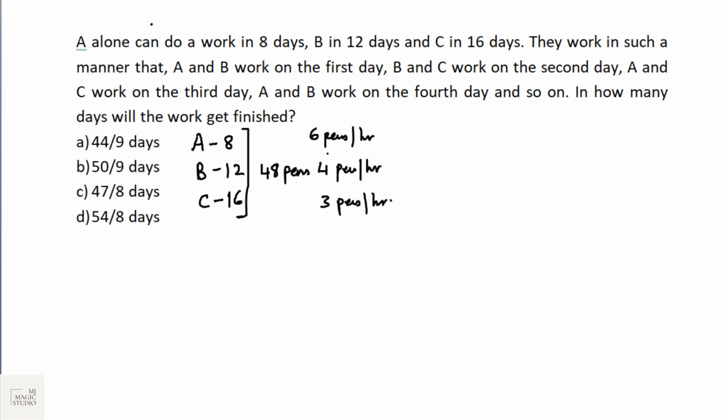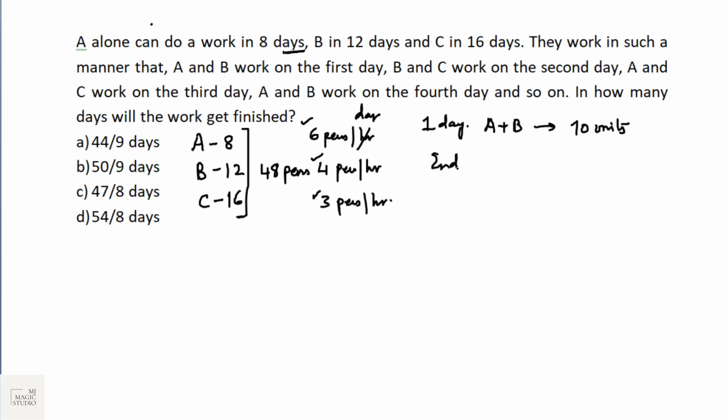So whenever these people are working individually, alone, for an hour, this many units are what they produce. Now what is happening? First day, here the unit of measurement is day and not hour. These all should be per day. On first day, A and B are working together. That means 6 plus 4, they are producing 10 units or 10 pens on the first day.